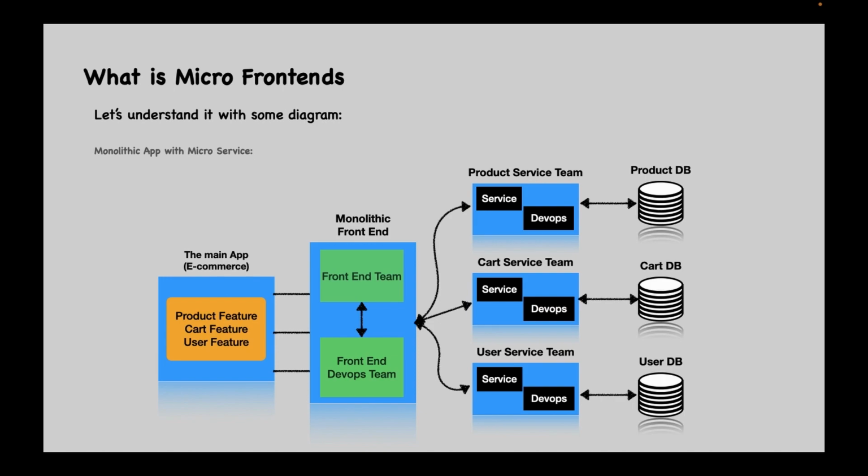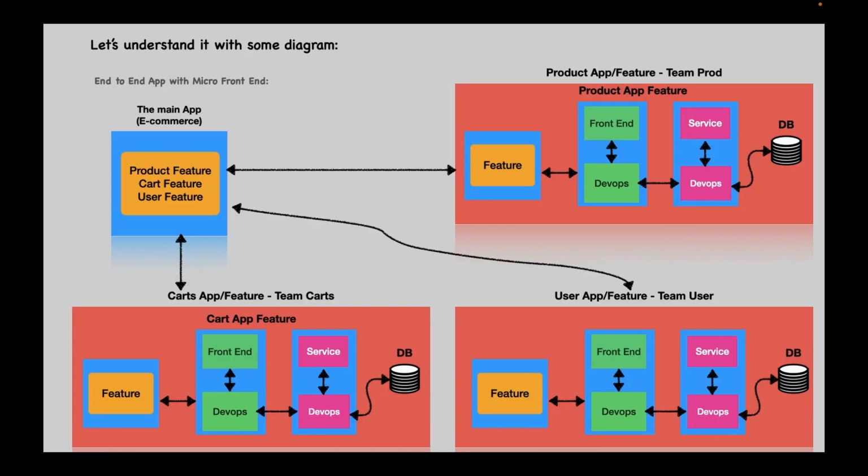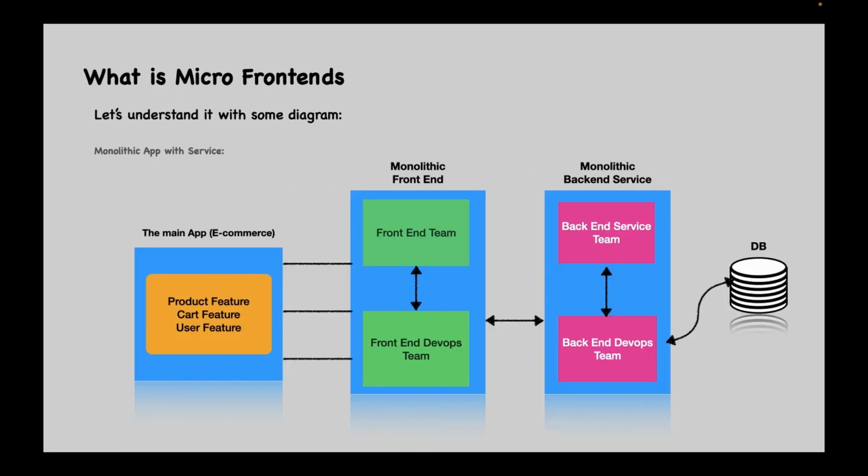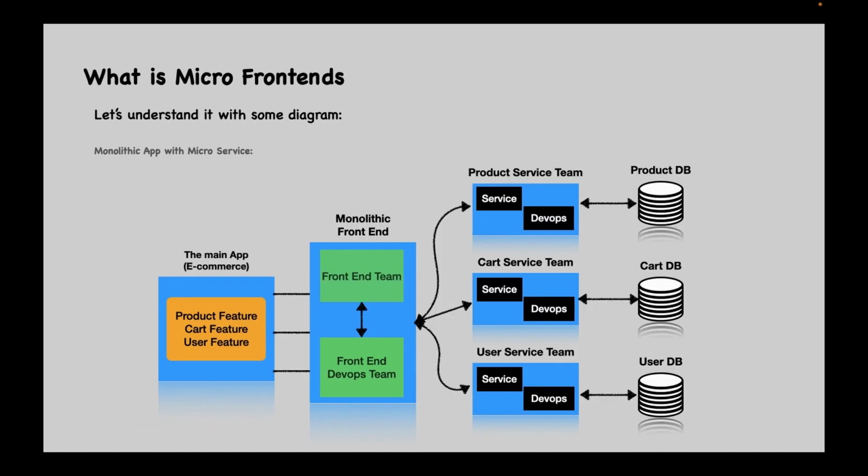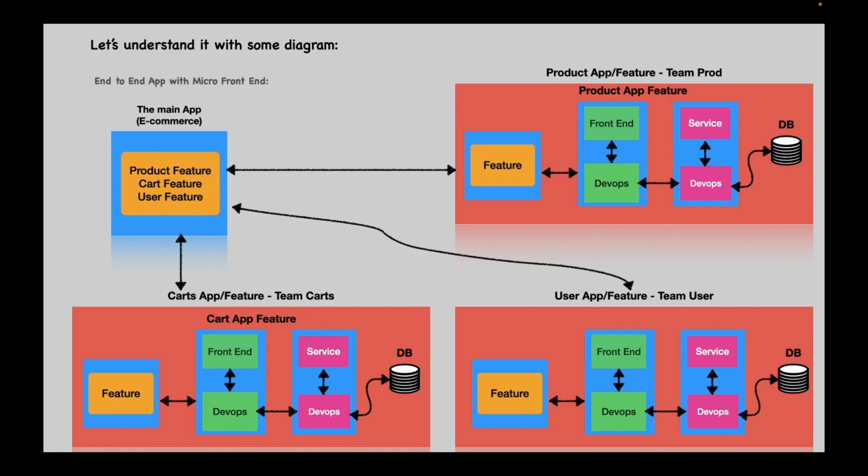To overcome this problem, they introduced another architecture, that is microfrontend. If you consider this diagram, you can see the product app feature, the cart app feature, and the user app feature. It is kind of a monolithic architecture, but together they serve as part of the front end and back end.